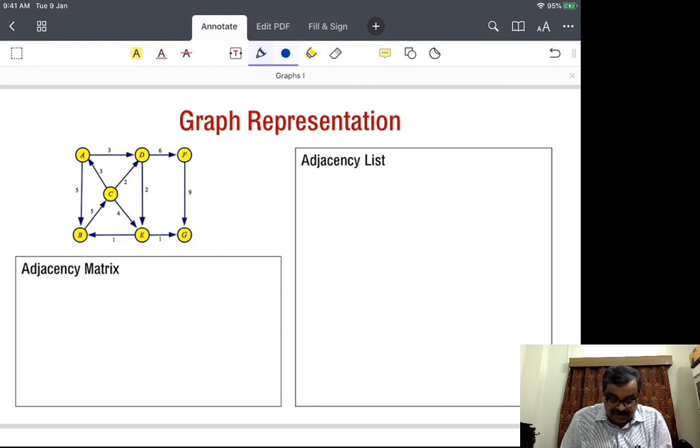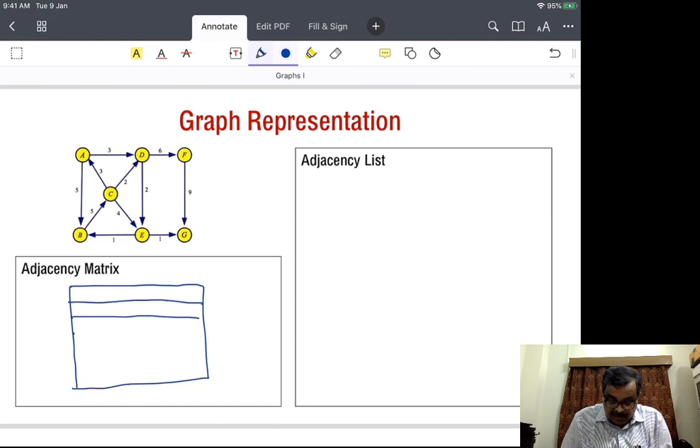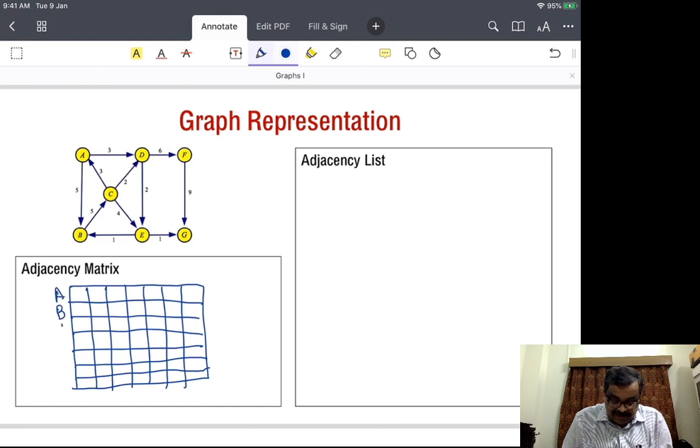So this graph, which has got 1, 2, 3, 4, 5, 6, 7, labeled A, B, C, D, E, F, G. And from A to D, there is an edge.